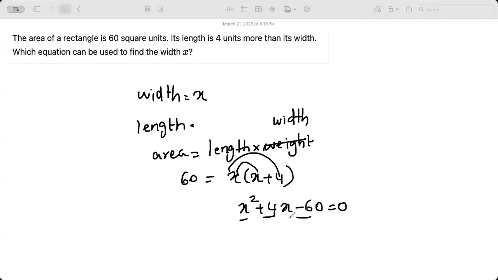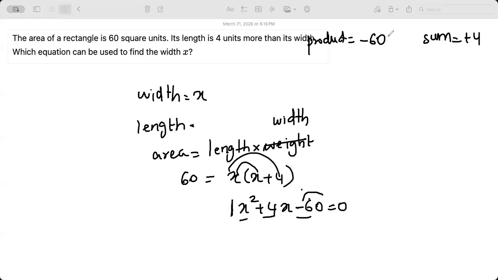Now, I want you to find two numbers whose product is minus 60 and whose sum is plus 4. Can you find two numbers like that?